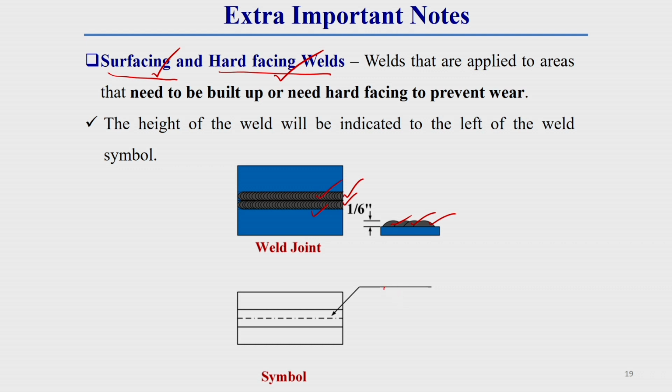We can represent them like this. This symbol is provided by contour, and its height is represented at the left side of the weld symbol. Okay, so we can do it like this.